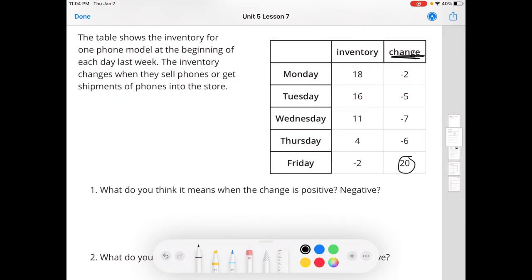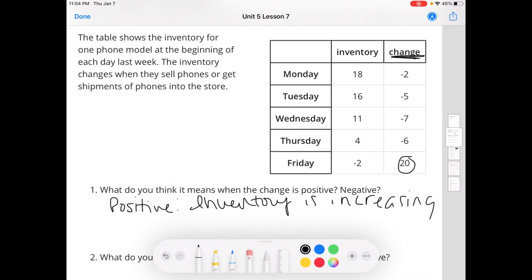If my phone inventory is changing with a positive value, then my inventory is increasing. What about when it's negative? If it's negative, that must mean my inventory is decreasing.